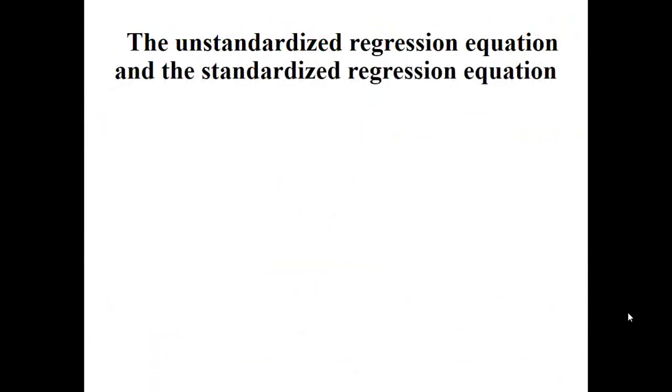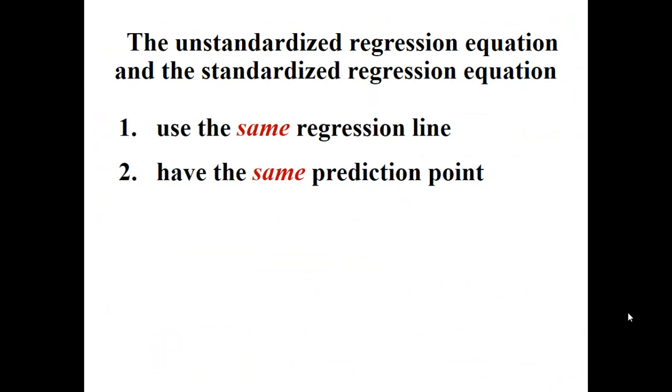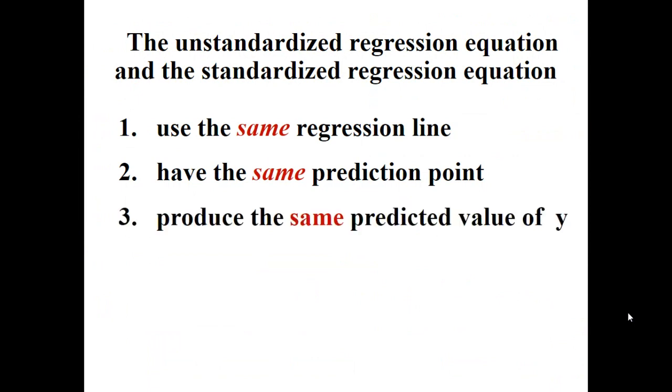So this tells us something about the unstandardized regression equation and the standardized regression equation. They both use the same regression line. They both have the same prediction point. And they both produce the same predicted value of y.